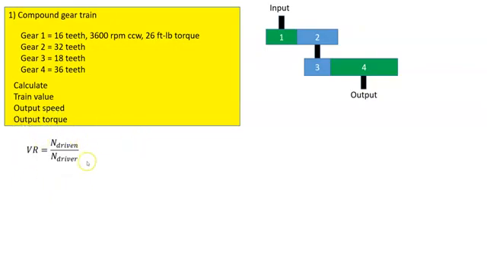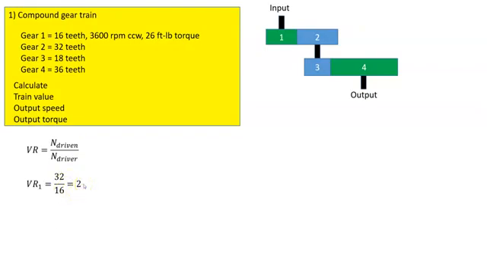The velocity ratio is the number of teeth on the driven gear versus the number of teeth on the driver gear. For the first set, the driven gear is 32 and the driver gear, gear number 1, is 16 teeth. That gives us a velocity ratio of 2.